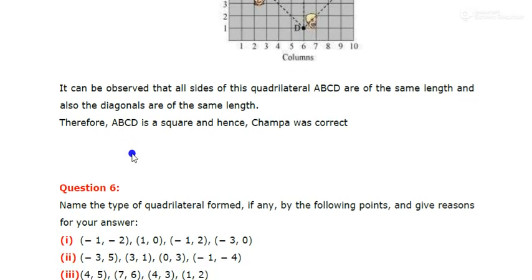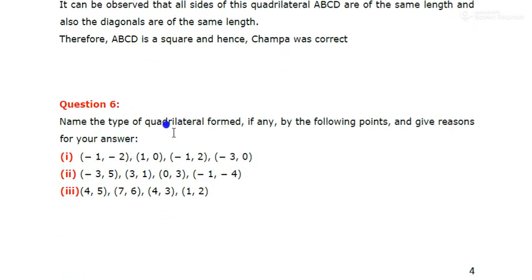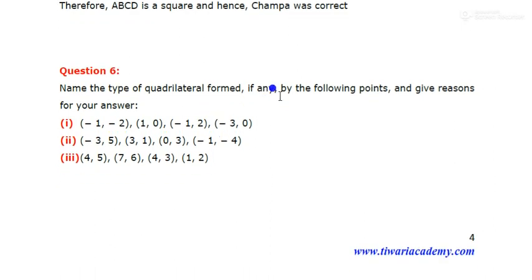Now see question number 6, what is given? Name the type of quadrilateral formed, if any, by the following points and give reason for your answer. So again 3 parts are given and we have to find the distance between all these points, and again find the diagonals also, and comment whether this quadrilateral is a square, rhombus or a simple quadrilateral.